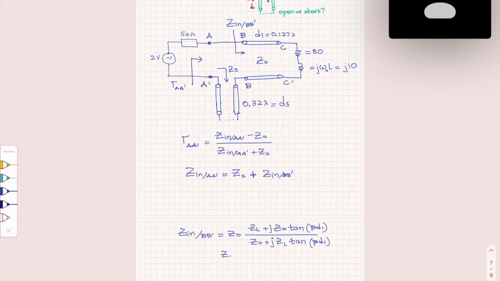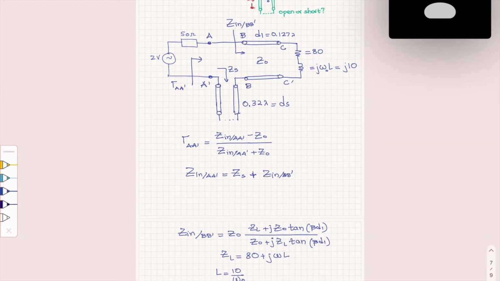And ZL is nothing else but 80 plus J, I keep the frequency explicitly, omega L, where omega L is going to be 10 over omega naught from here.